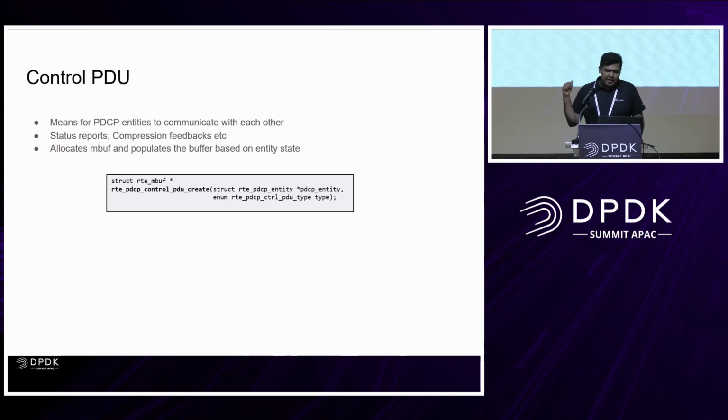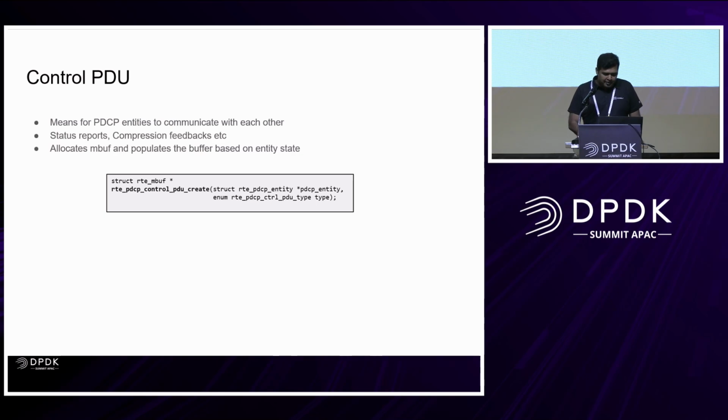The API that's shown is used to create the control PDU. The control PDU can be something like a status message, which is again mentioned in the 3GPP spec. The status message will have a bitmap of which packets have arrived, and it will have the state variable such that the other side can see which packets were received.